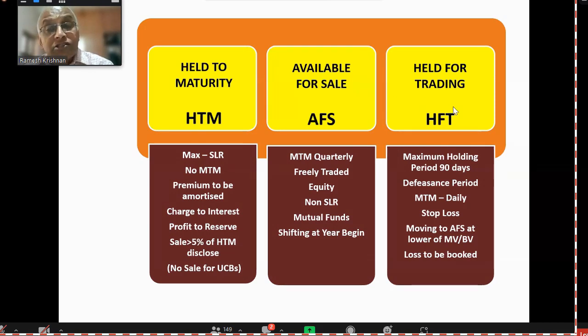Now turn right, extreme right, to HFT. I will discuss HFT because the remaining is in AFS. So once you are clear about HTM and HFT, AFS is very simple. So let us focus for a brief while first on held for trading. Now, the held for trading category, as the name suggests, is mostly with a short-term view.